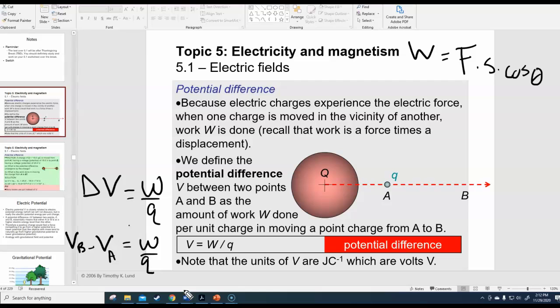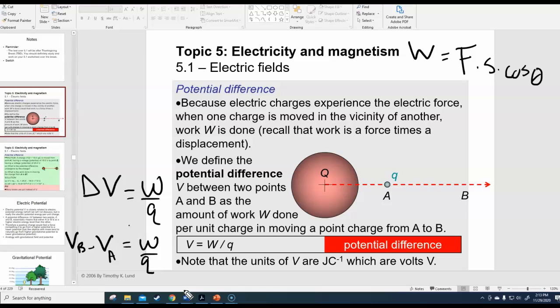But this is how potential difference is defined: it is the work done in order to move the little q from point A to point B divided by the value of that little charge. Now, the unit for work is the joule, because work is the transfer of energy, and the unit for charge is the Coulomb. And so the unit for potential, or potential difference, is joules per Coulomb, but we give that a special name, and that is what we call volts.